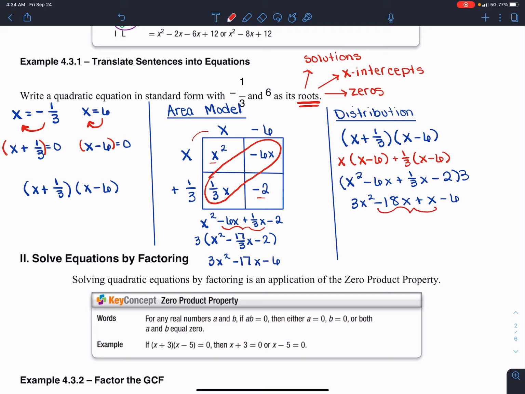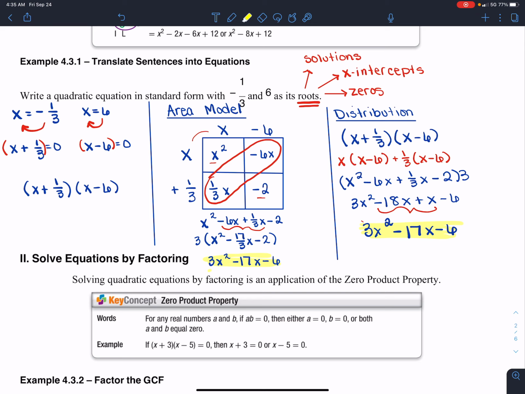Combine those two there, and you would get 3x squared, not 7th, 3x squared, minus 17x minus 6. Okay. Either way, we get the exact same solution here.